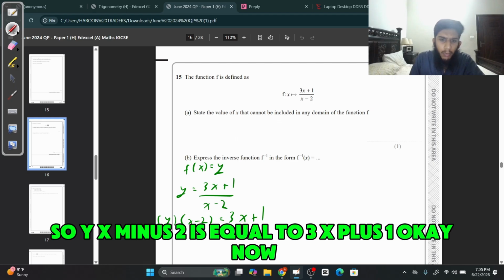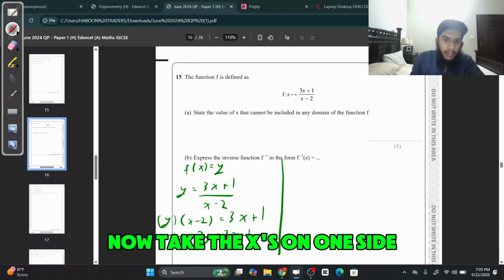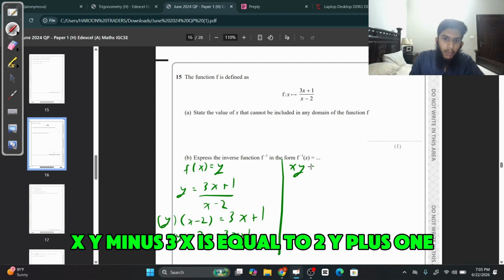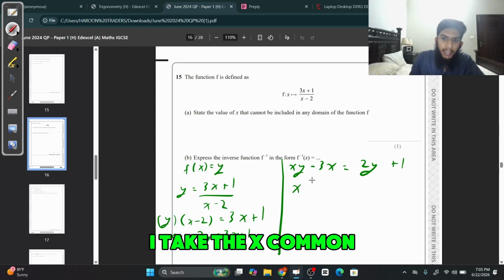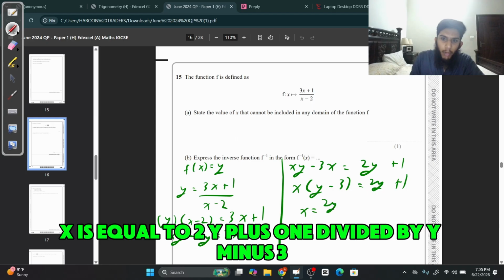Now I multiply it, so we get xy minus 2y is equal to 3x plus 1. Now take the x's on one side, so 3x goes there. xy minus 3x is equal to 2y plus 1. I take the x common, so x times (y minus 3) is equal to 2y plus 1. x is equal to (2y plus 1) divided by (y minus 3).